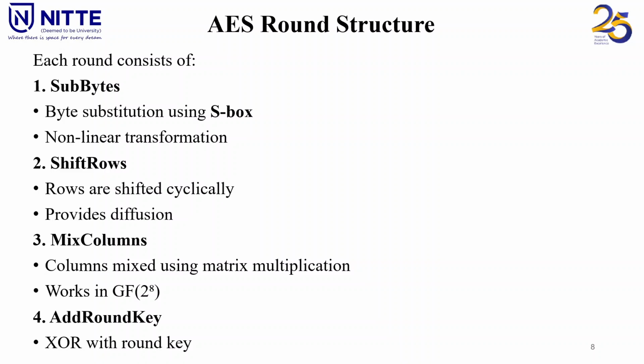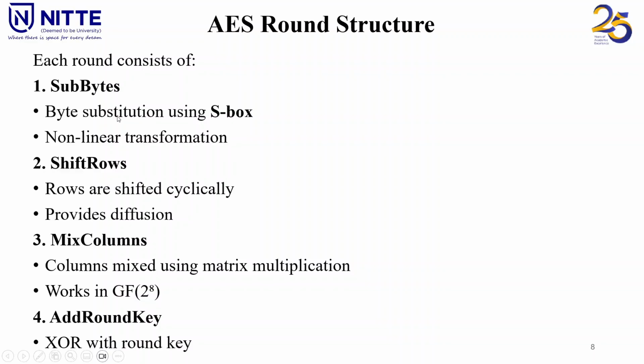Each round consists of substitution bytes. We are going to replace every cell value using a substitution box. We have a 16 by 16 substitution box.